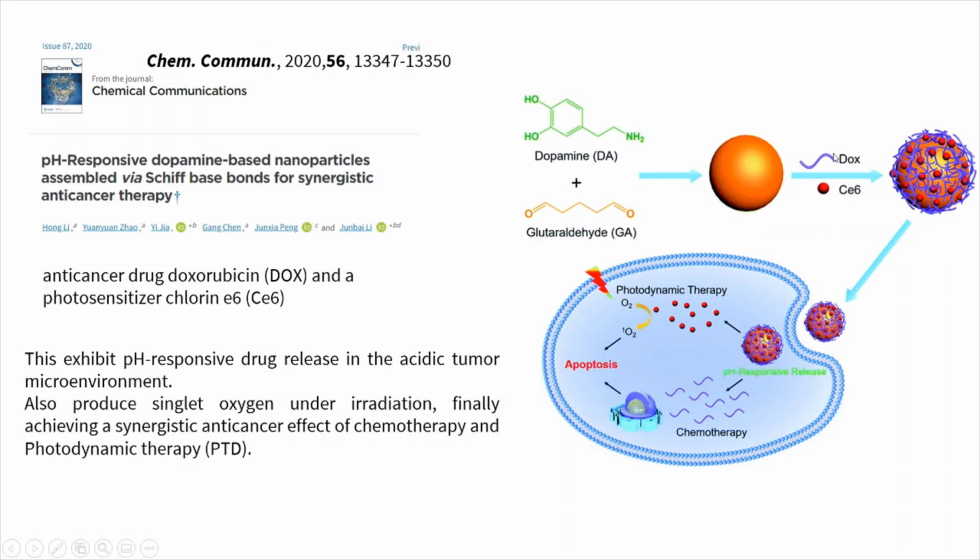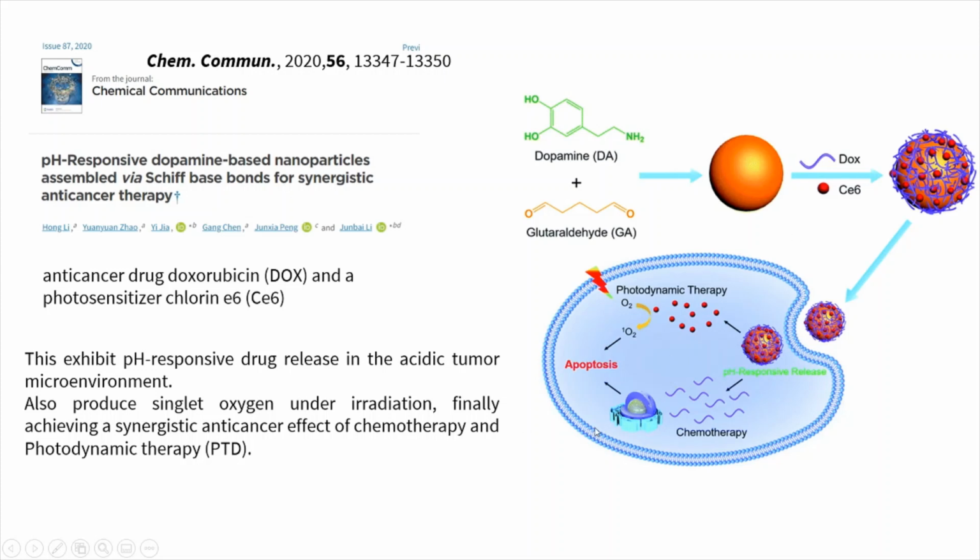So these things wrap up this sphere, and then it can act as a drug delivery system. So this is pH-responsive dopamine-based nanoparticles which can be assembled by Schiff-base bonds for synergistic anti-cancer therapy.